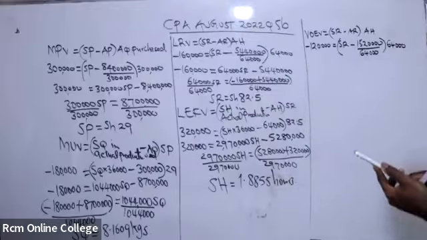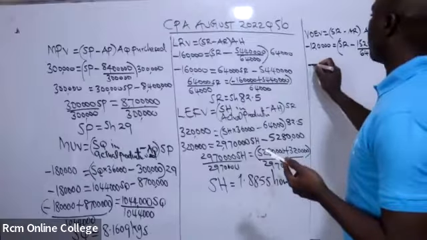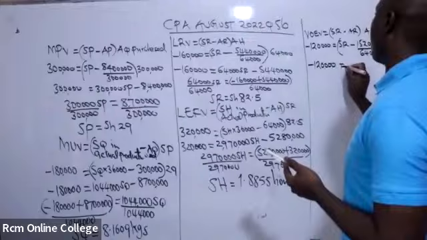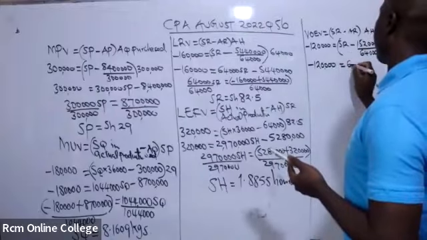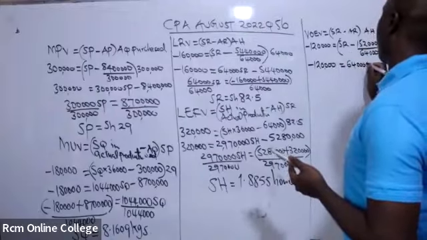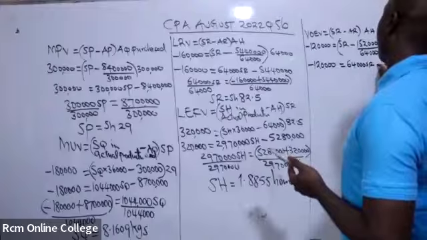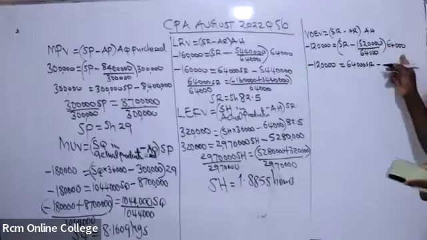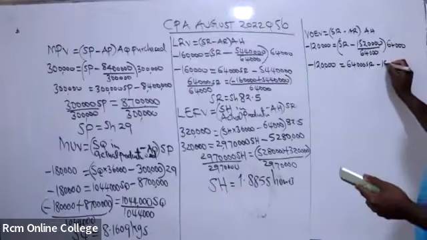So let's break the bracket. A negative of 120,000 is equal to 64,000 times SR, minus 1,520,000 divided by 64,000 times the same 64,000. It leaves us with 1,520,000.